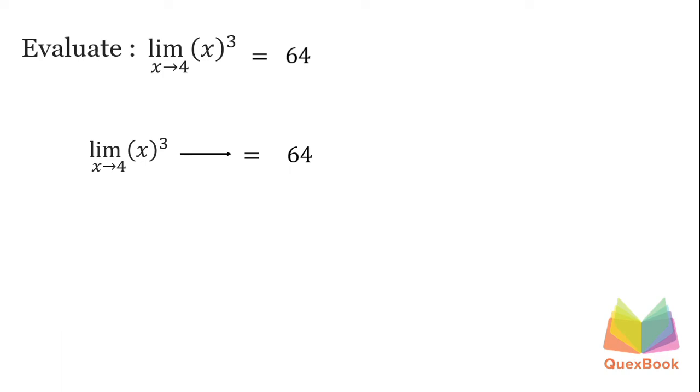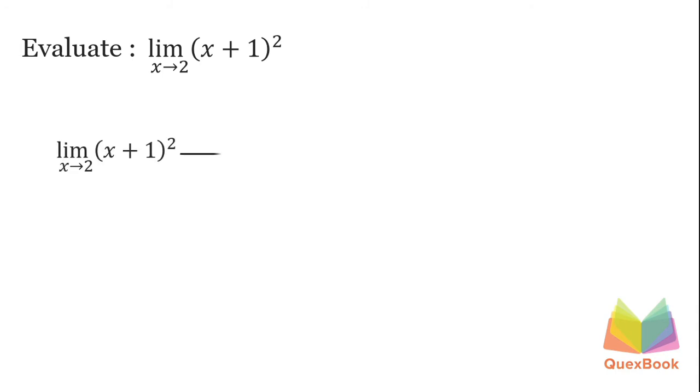Let's have another example. Find the limit of (x + 1) squared as x approaches 2. Taking out the exponent and evaluating the function, we will be having the limit of x + 1 as x approaches 2, raised to 2. So applying the addition rule, we have the limit of x as x approaches 2 plus the limit of 1 as x approaches 2.